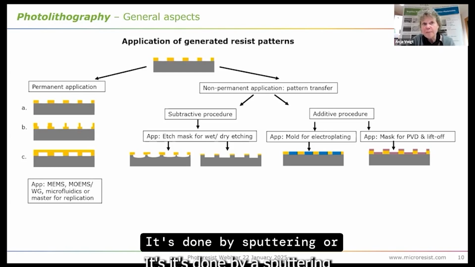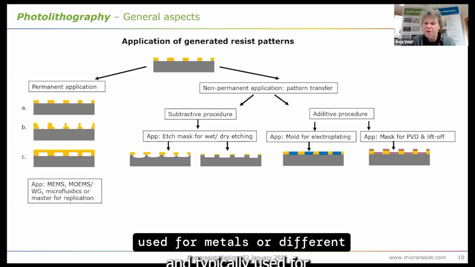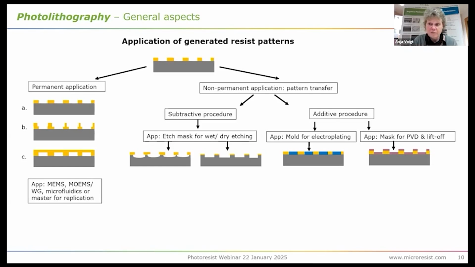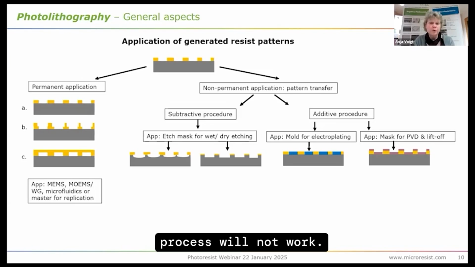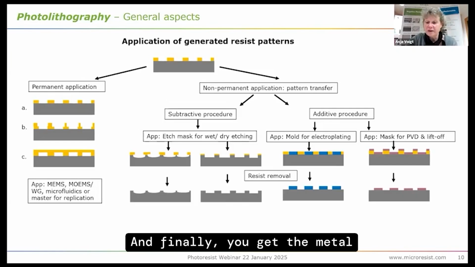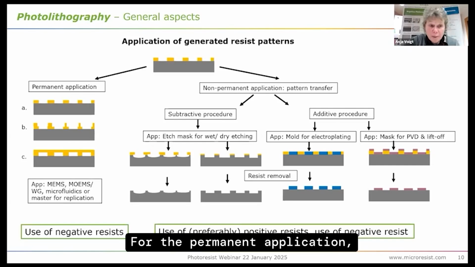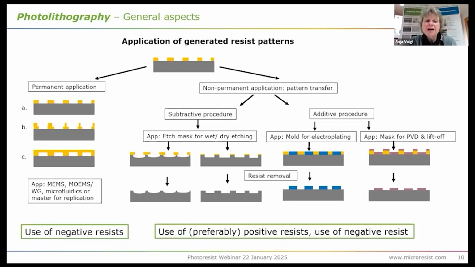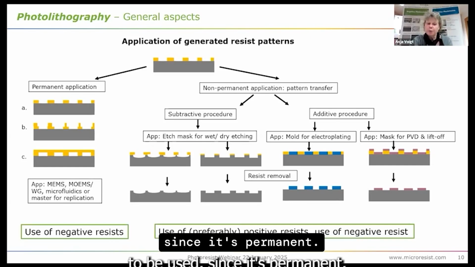It's done by sputtering or evaporation process and typically used for metals or different materials where the electroplating process will not work. This is one reason. And then the resist is lifted off, and finally you get the metal pattern or the etched profile.